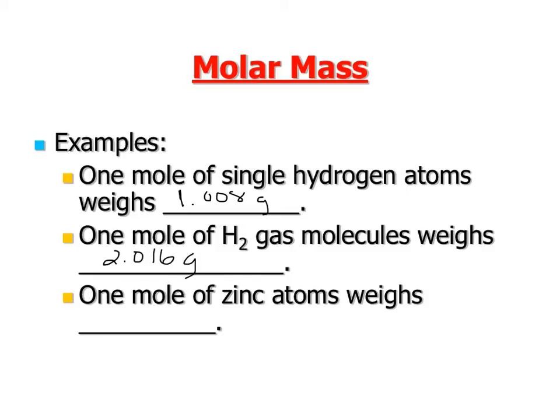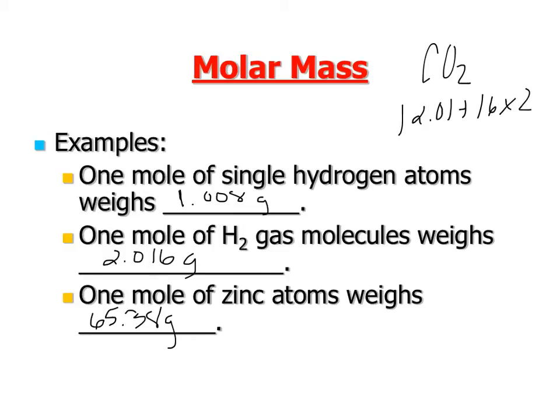Alright, then looking at your periodic table, a mole of zinc atoms has a mass of 65.38 grams. Okay, so if you're dealing with a single element off of the periodic table, you can use the number. If you're dealing with a compound like carbon dioxide, you'd take 12.01 plus 16 times 2.